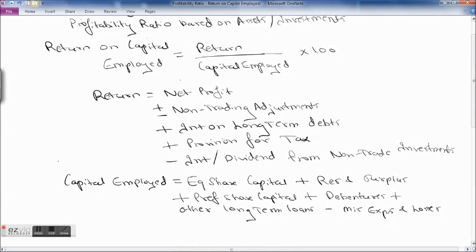This is fictitious asset which are appearing in the balance sheet. Miscellaneous expenses or losses to the extent which are not written off, minus non-trade investment. So we are excluding non-trade investments from this. So this is how we calculate capital employed.